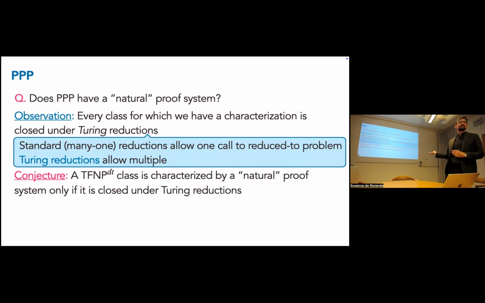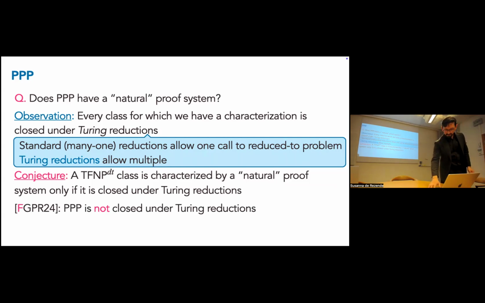Can I say if a TFNP class is not closed under Turing reductions, then the proof system you're going to get out of it is artificial in some way? This was one of the original motivations for us trying to show that PPP is not Turing closed in the black box setting. So if you can resolve this conjecture, then this shows that PPP should not have a natural proof system.